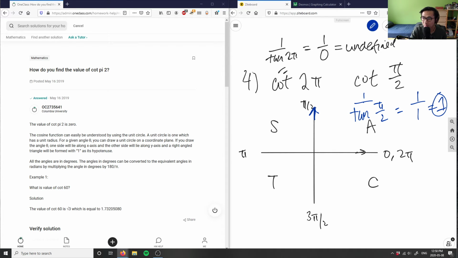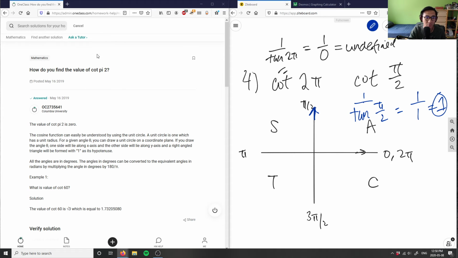You can think of them as the reciprocal trigonometric ratios. So 1 over tangent, again, this answer could be 1 or 0 depending on how they formatted the solution.